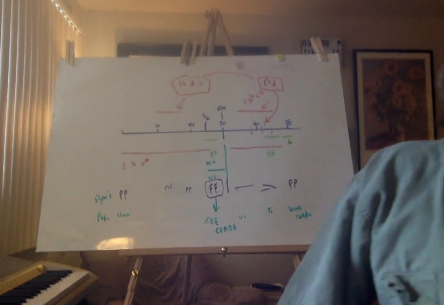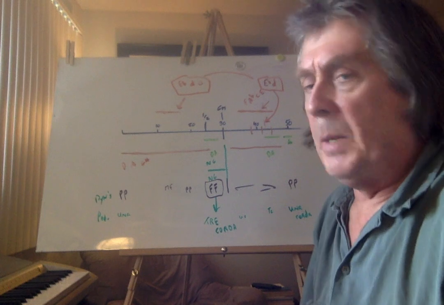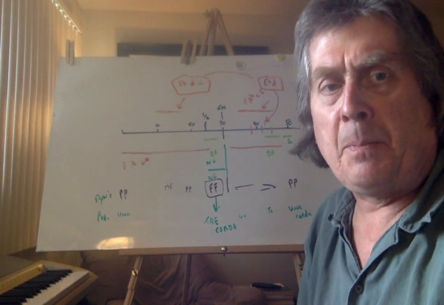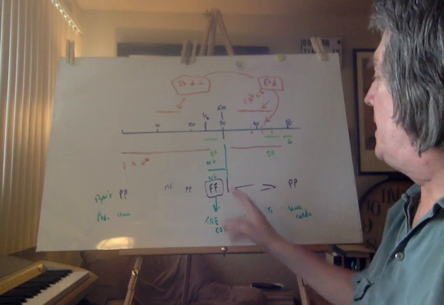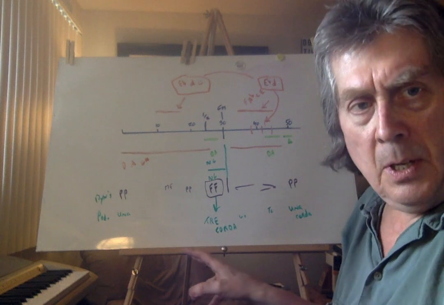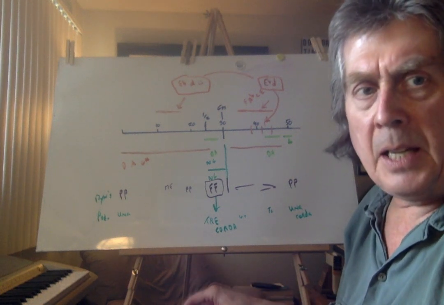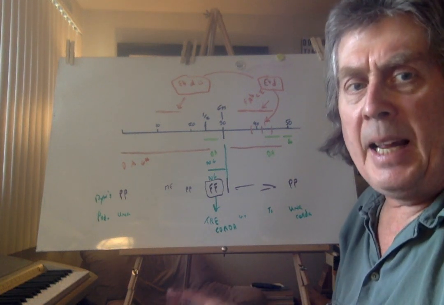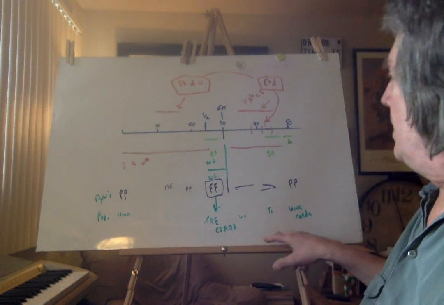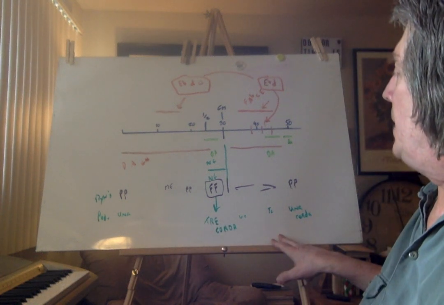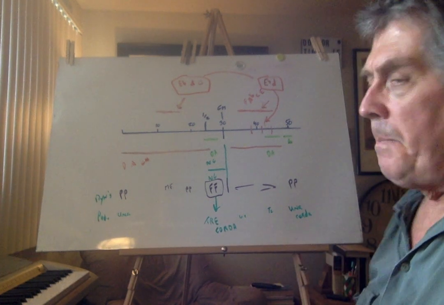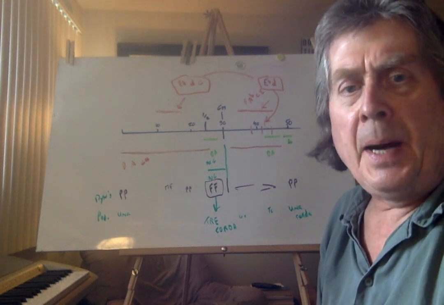I can't remember exactly which one. But Opus 65 is a children's piece, and it also has this use of the Neapolitan sixth in combination with the golden mean, which I find quite interesting.